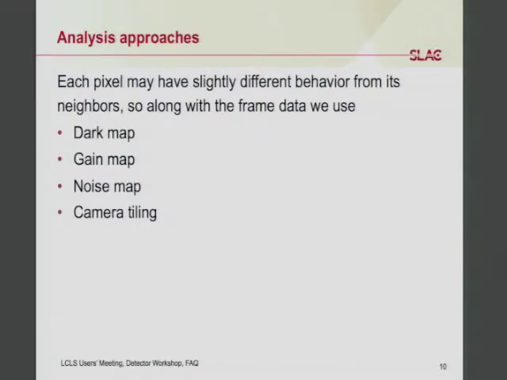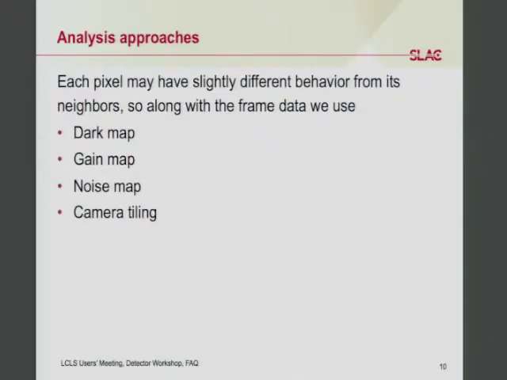As we saw before, each pixel can have a slightly different behavior from its neighbors, so along with the event data, it's good to have some characterization of the pixel response. You can get a dark map, a gain map, a noise map, and it's good to know about the camera tiling.